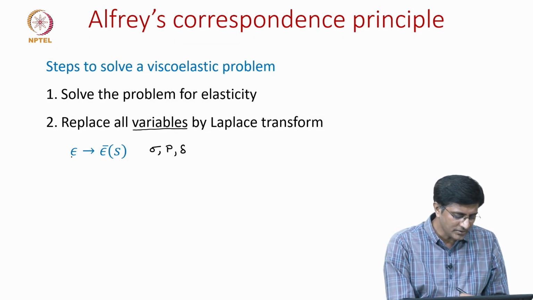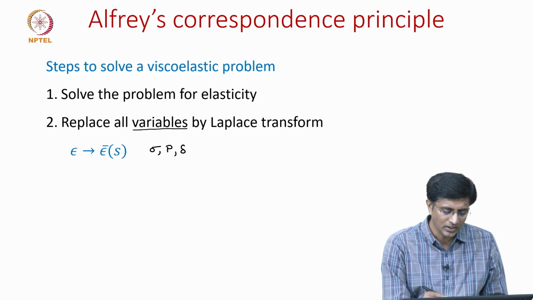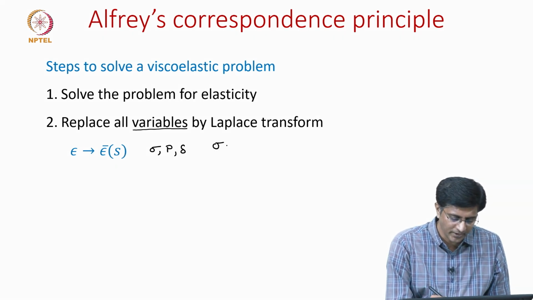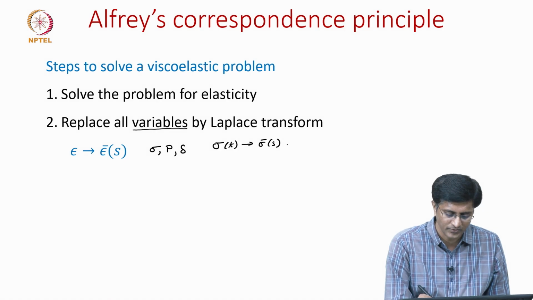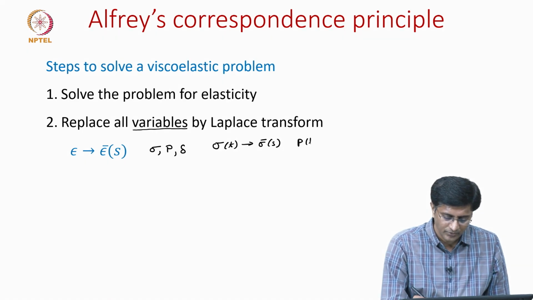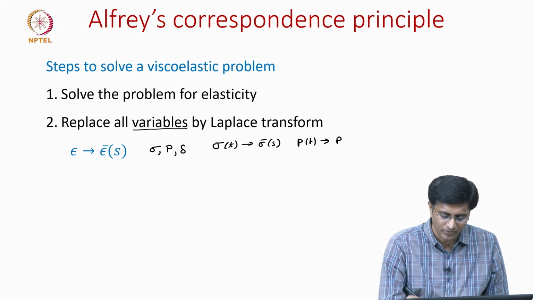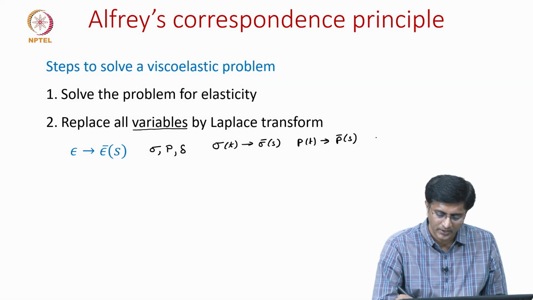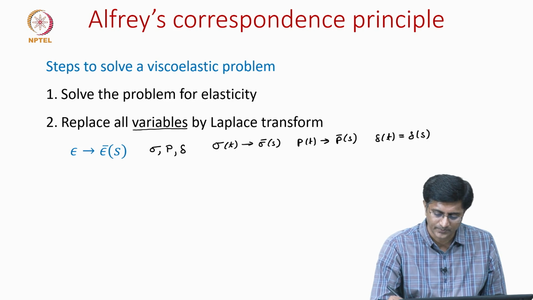Then we replace these variables with the corresponding Laplace transforms. So, the stress sigma of t will be replaced by sigma of s, P of t will be replaced by P of s, and delta of t will be replaced with delta of s.